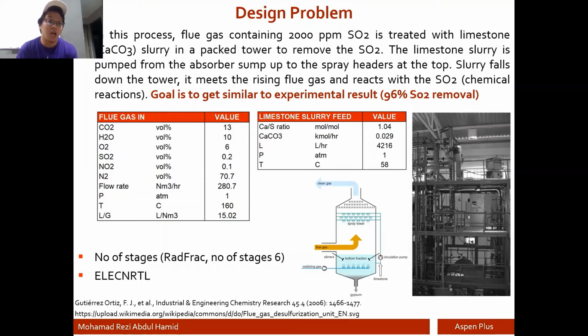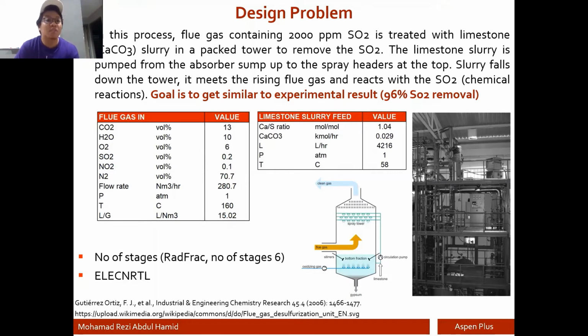As I have mentioned just now, the limestone slurry will be pumped onto the top of the column, and it will fall down by virtue of gravity, and then the flue gas will enter from the bottom of the column, and because it has a low density, it will rise up, and the calcium carbonate slurry will meet with the rising gases, and there's going to be an electrolyte reaction happening, and as a result sulfur dioxide is removed from the flue gas.